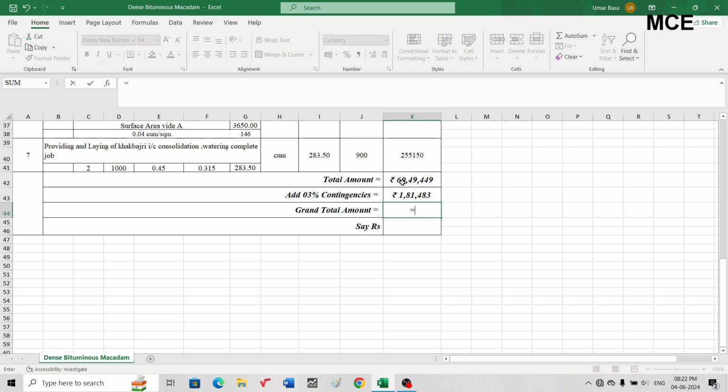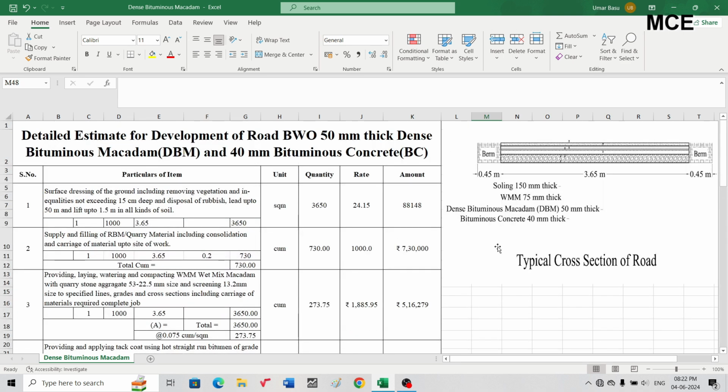So the total amount will be the grand total amount plus 3% contingencies. This is 62,30,933 Indian rupees, or approximately you can say 62.31 lakhs.